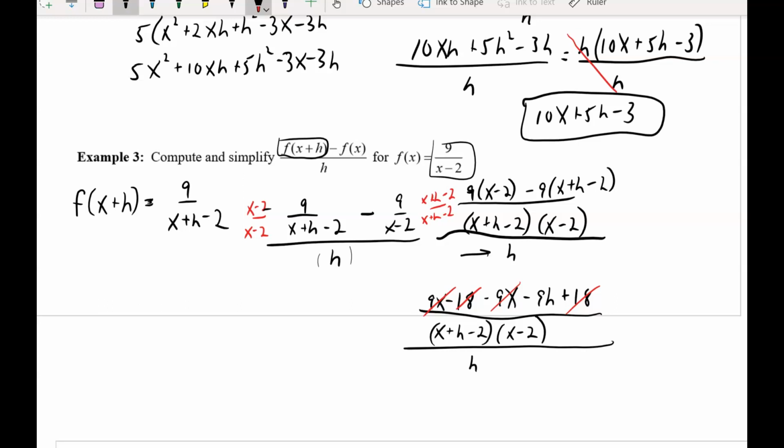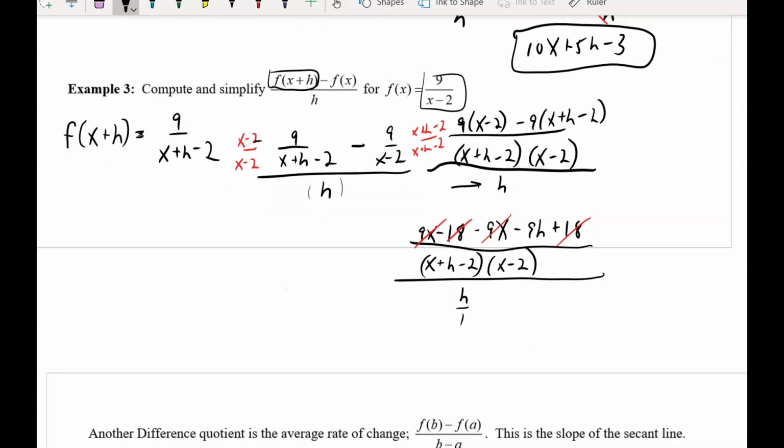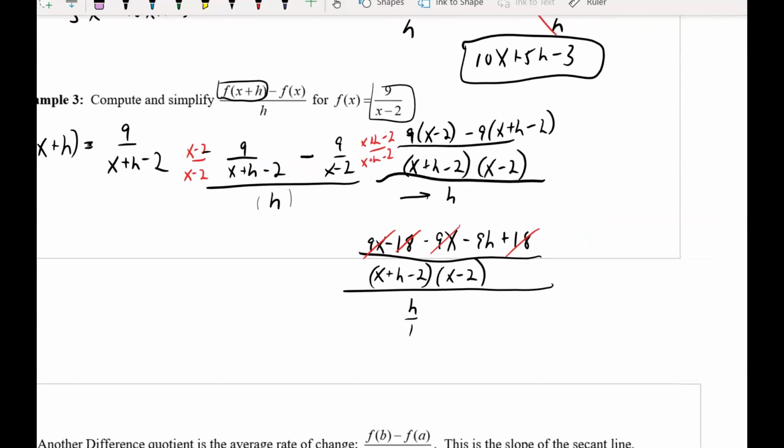Now this can be thought of as h over 1. Why would I do that? Because I'm going to multiply it by the reciprocal. So I'm going to take my negative 9h over my ugly denominator, x plus h minus 2 times x minus 2, and I'm going to multiply it by the reciprocal of h over 1, which is 1 over h.